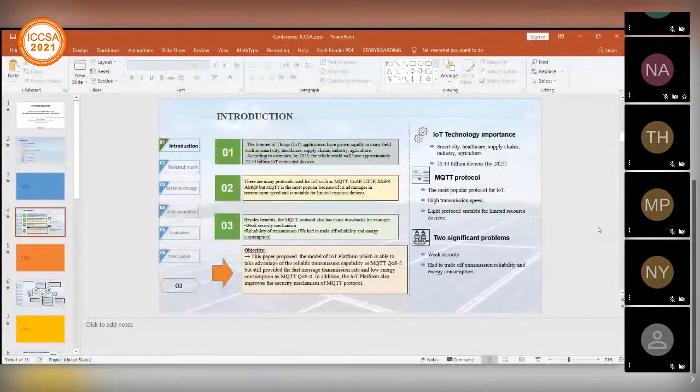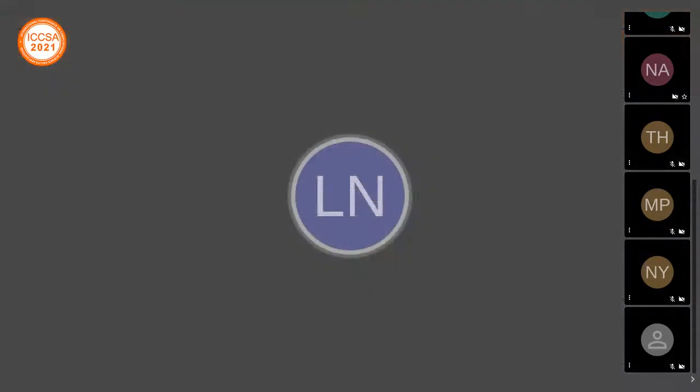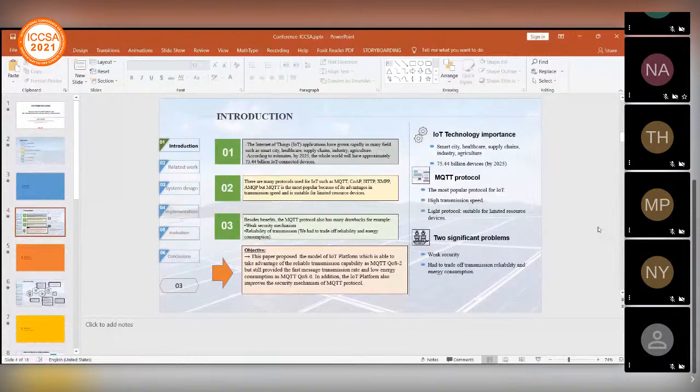To address this problem, we propose an IoT platform able to provide reliable transmission capability like MQTT QoS 2, but still provide a fast transmission rate and low energy consumption like MQTT QoS 0. In addition, the IoT platform also improves the security mechanism.